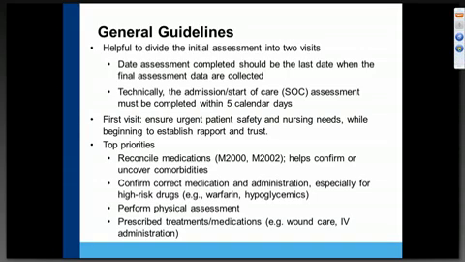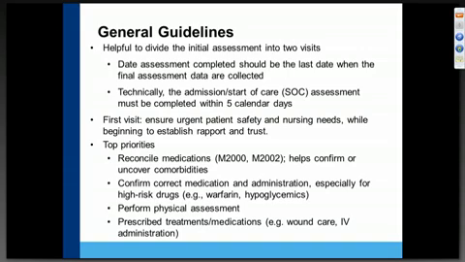We want to confirm it's the correct medication and administration, especially for our high-risk drugs, and we know that is addressed in Oasis as well. And our patients with diabetes and stroke are often on high-risk drugs, including our warfarin, obviously, and hypoglycemics as examples.